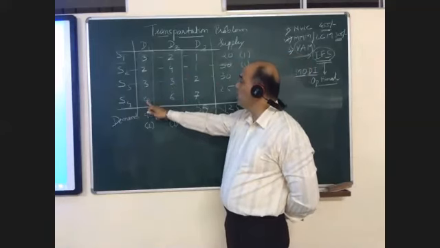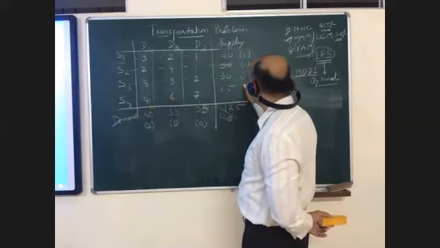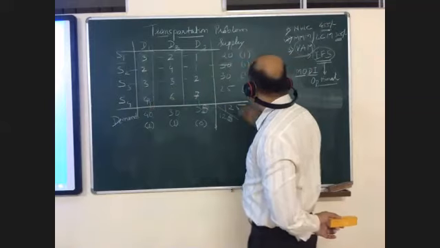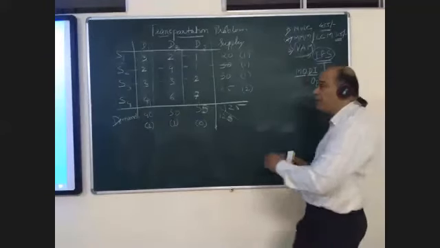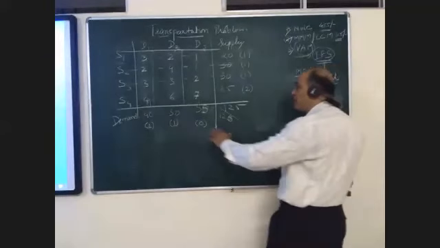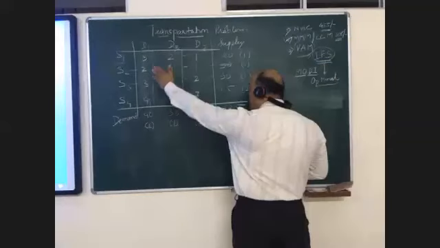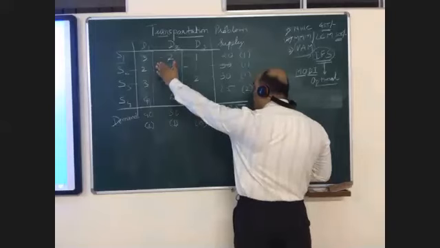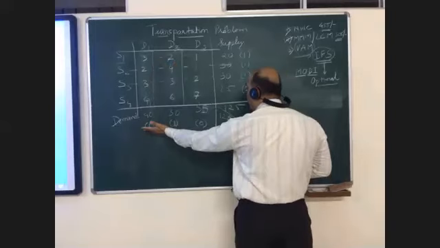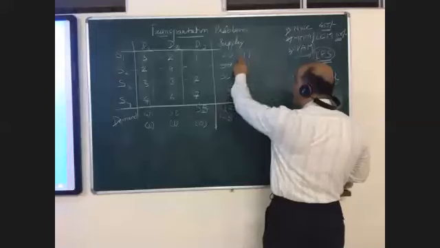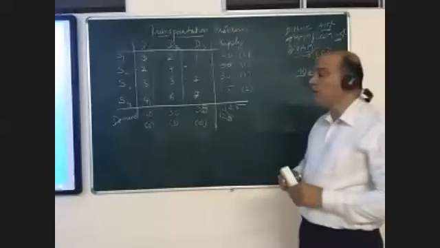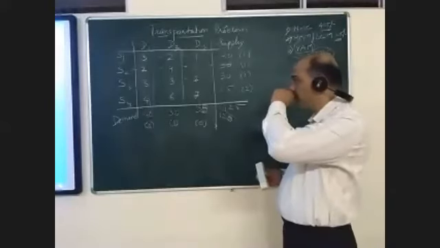Minimum is 4, next minimum is 6, the difference is 2. You understood these steps? Very simple. We have taken the minimum and next minimum cost of transportation and written the difference in the bracket. We are considering the VAM method. Clear with all?